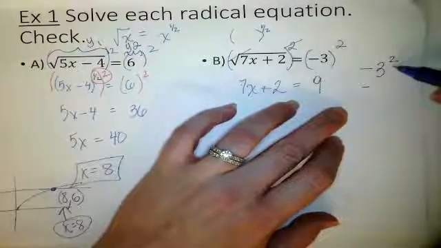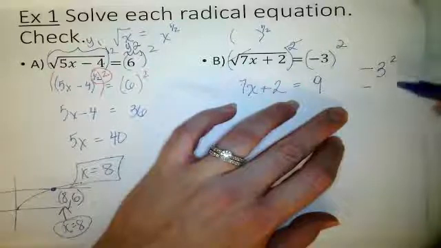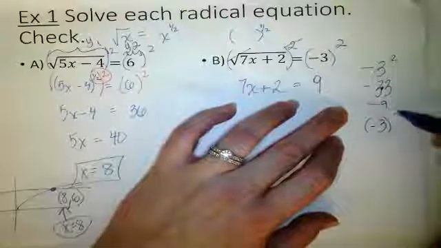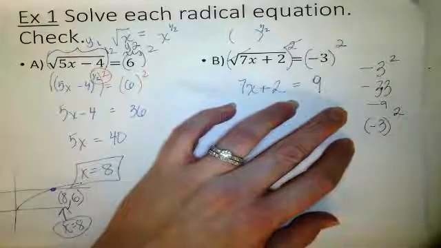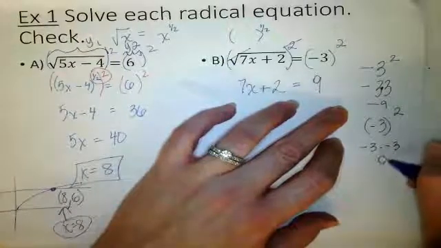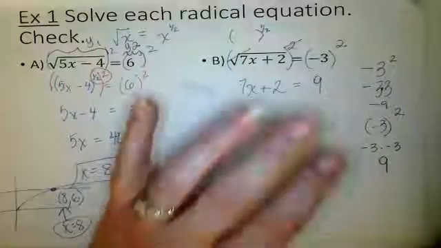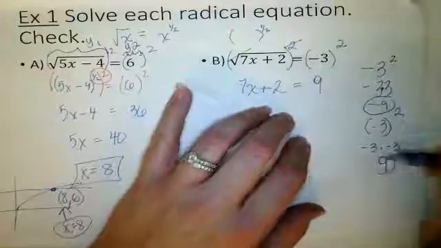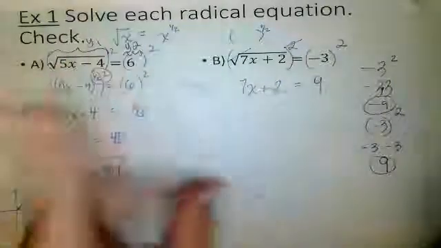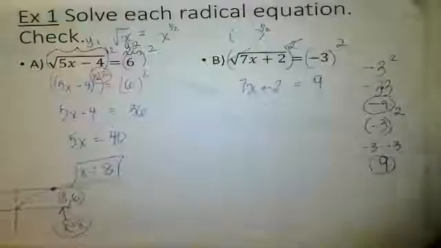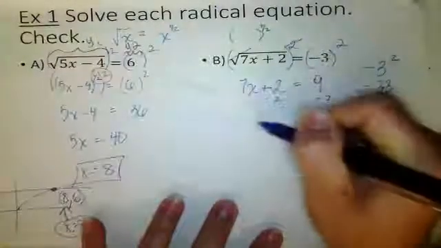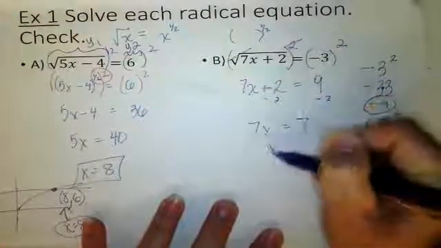The 3. -3 quantity squared means what? -3 times -3, which is positive 9. Do parentheses matter? Yes, just like commas. Commas are important. Okay, so then we're going to subtract 2, so we get 7x equals 7, and then x equals 1.